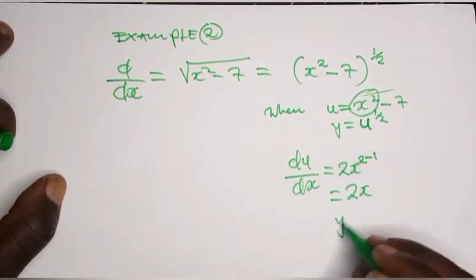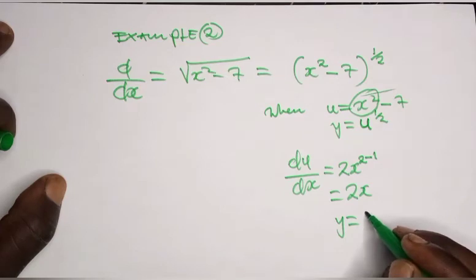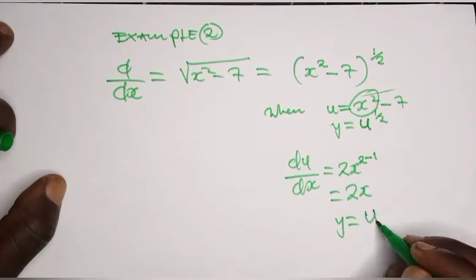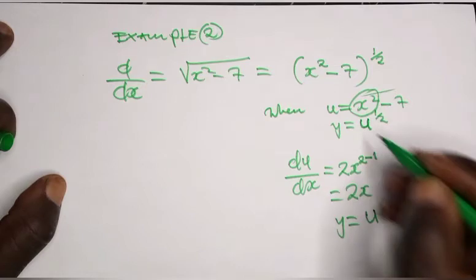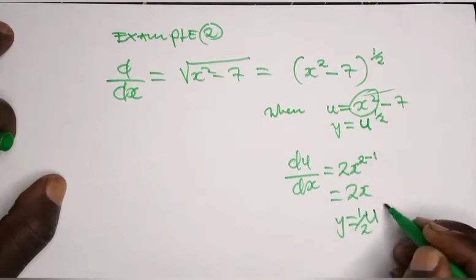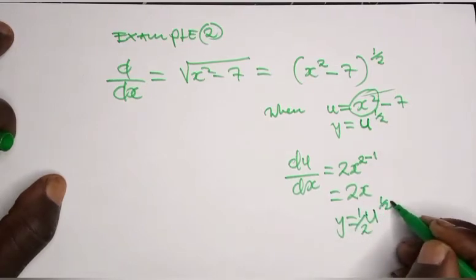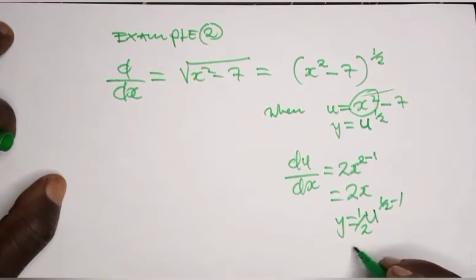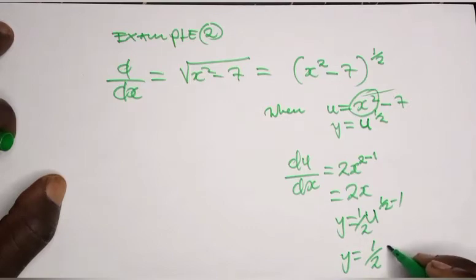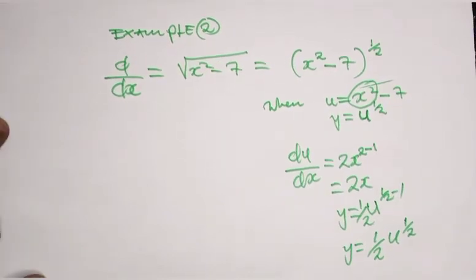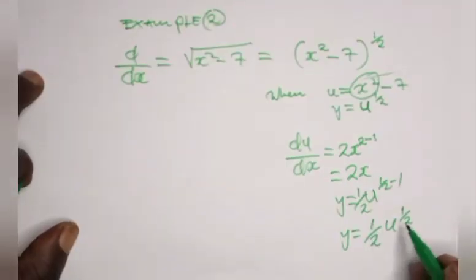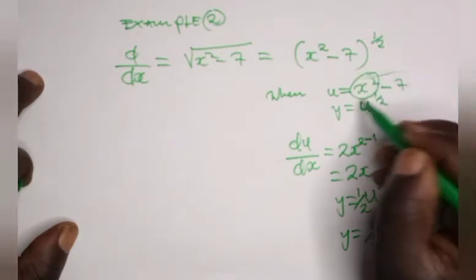Then for dy over du it will be half times u power half minus 1, which equals half u power minus 1 over 2. Where there is a u here, we are going to express it with this equation.